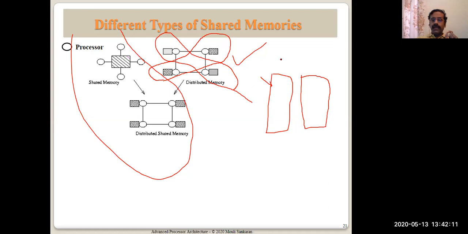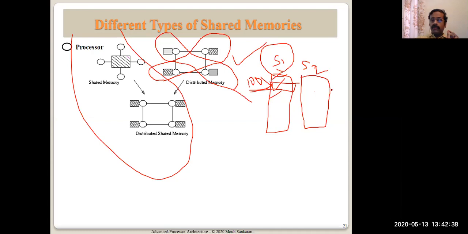Now, if I say this is address space 1 and this is address space 2, and any CPU accesses address space 1 with address 100, it will refer to this location.